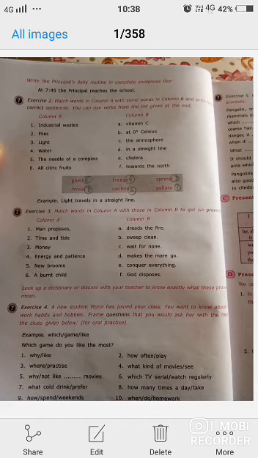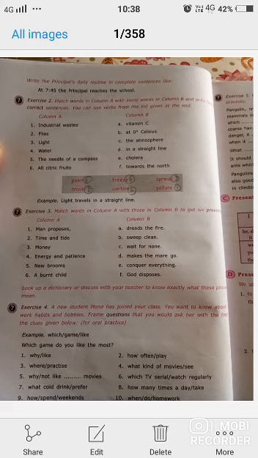Industrial waste pollutes. Here you don't have to write pollute. Pollute the atmosphere. Flies spread cholera. Light travels in a straight line.